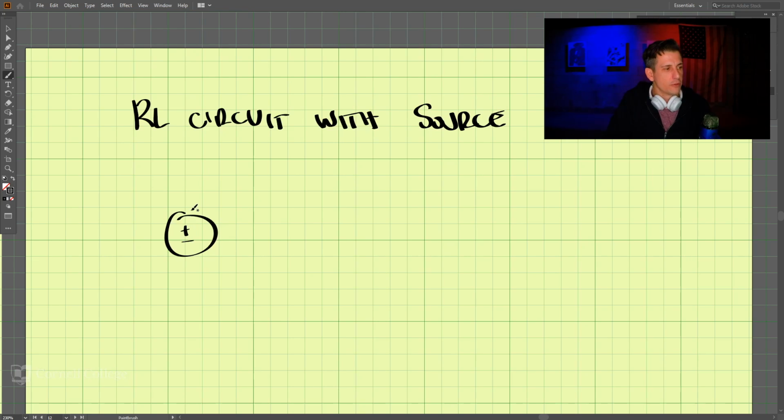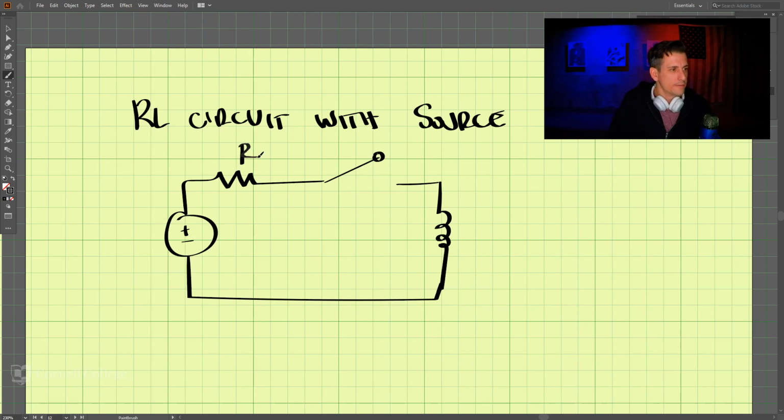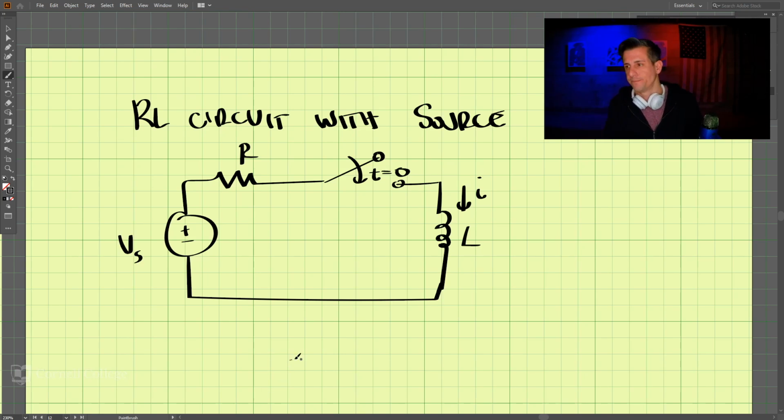If we have a voltage source here, and then we have our system that has a switch in it, and the inductor over here, and this is R, this is L, and we're looking for the current through the inductor, and this switch closes at time equals 0, and this is our voltage source Vs. Okay, so if we do this, we need to find three things.